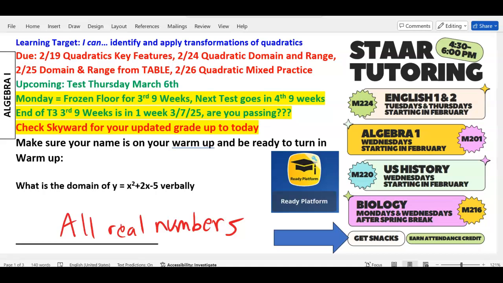I'm going to put it up on the board here in a second, but y equals x squared.